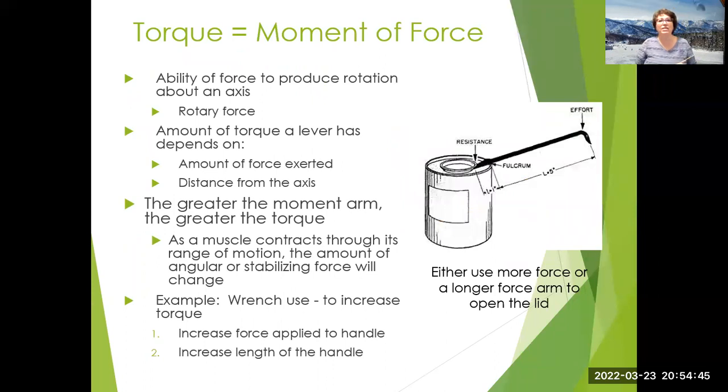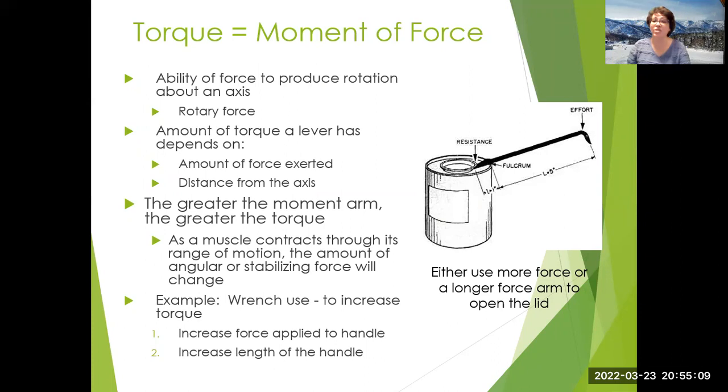So torque is basically the ability of force to produce rotation around an axis. It's rotary force. The amount of torque a lever has depends on the amount of force and the distance from the axis. So if you have a longer lever, you can exert more force, or if you use more force, you can exert more torque.